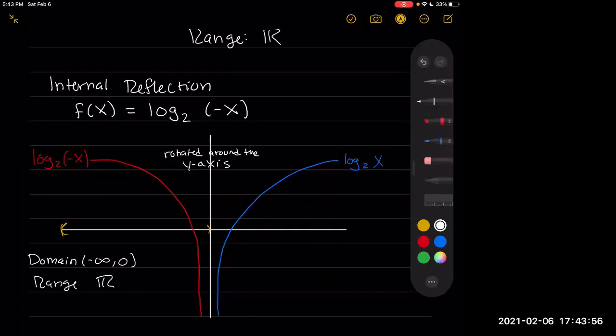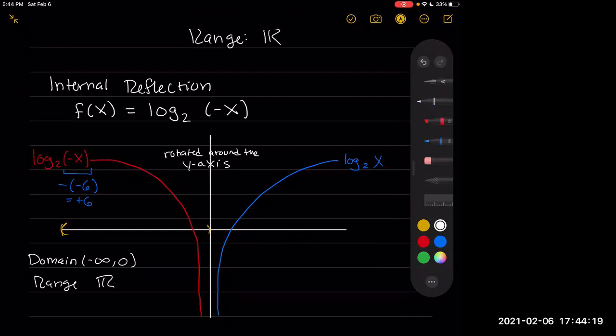Since we only have defined the original log as being able to put in positive numbers, we have to put in a negative number to make this part negative, because negative of like -6 will become +6. I'm just going to leave that kind of as an example there.